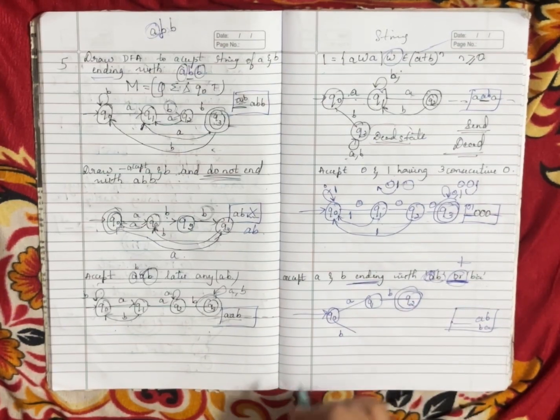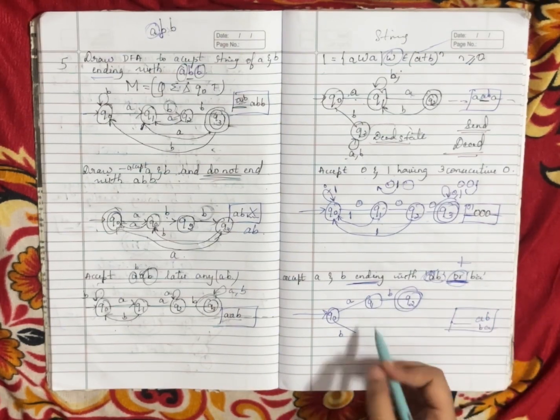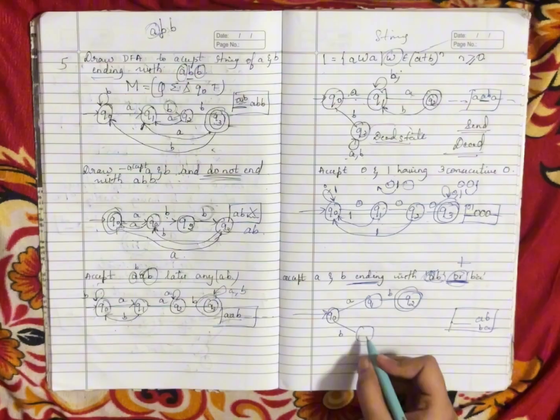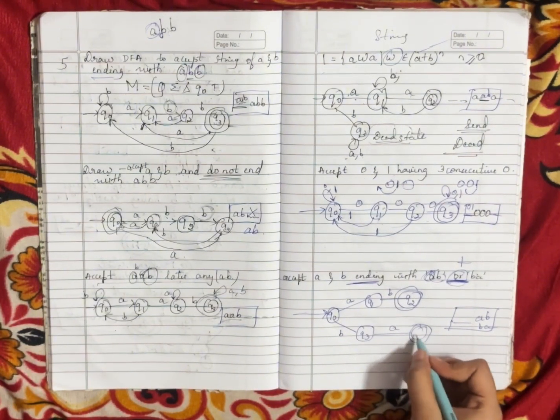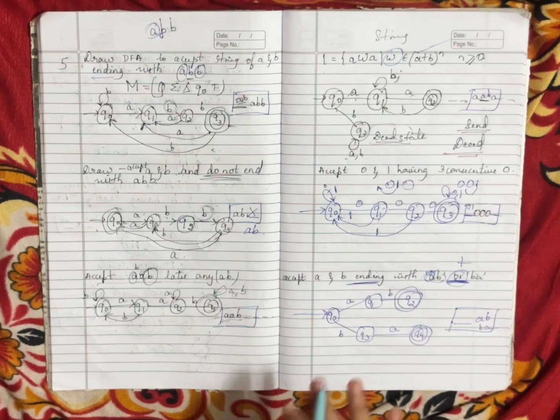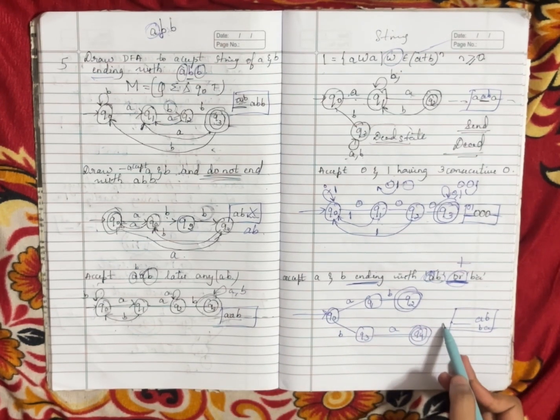And I'll write the last state, the final state. If it is BA, then it will accept B, Q3 let me take, and then later it will accept A, Q4 let me take. Okay, this much is given in the question. Now, starting can be anything, right?